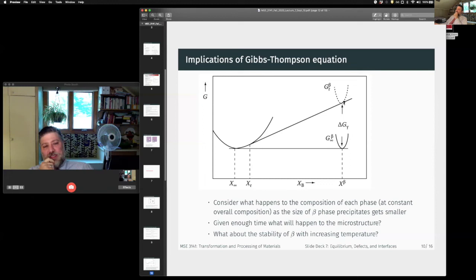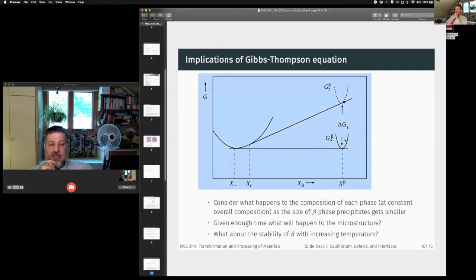Our beta phase is going to get richer in B, and our matrix phase alpha is going to get poorer in B. We also see that this system can reduce the free energy by taking these small particles and somehow converting them to larger precipitates.